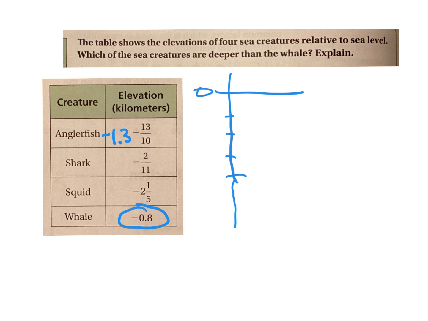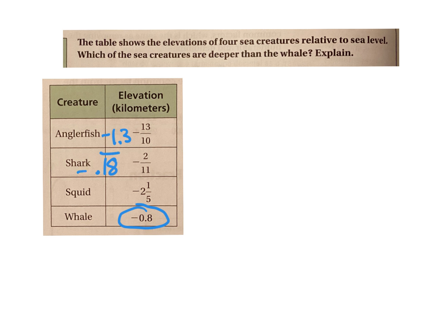I'm going to wait till the end, get them all, then I'll do a number line. Negative 2/11. 2 divided by 11 equals 0.181818. So that's a 0.18, that 18 repeats. It's a negative.